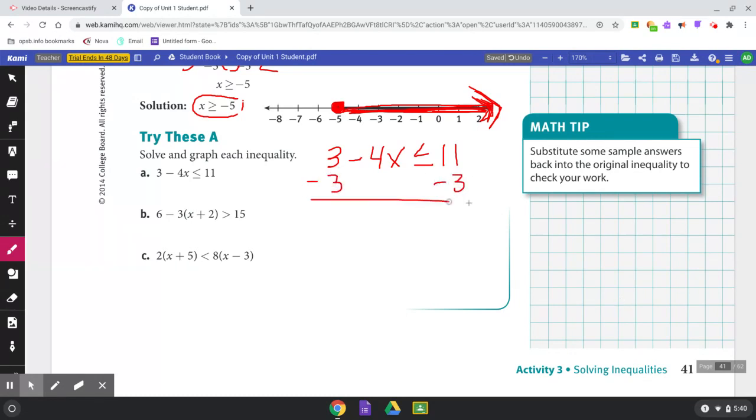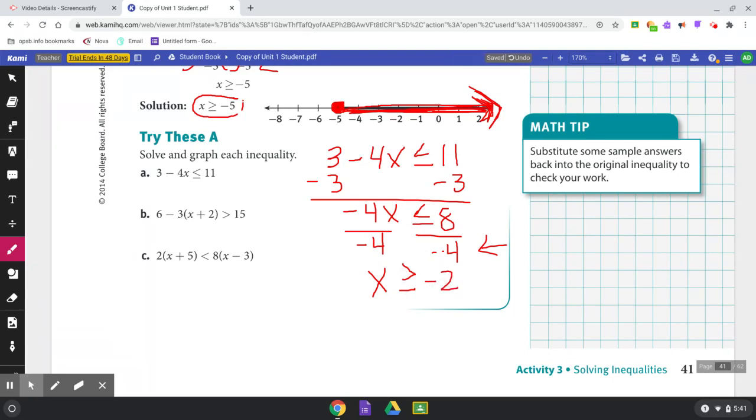When I subtract 3 from both sides, I get -4x is less than or equal to 8. Then I'm going to divide by -4 on both sides because I'm isolating the term. What happens when you divide by a negative number? You flip the inequality symbol. So my answer is going to end up being x is greater than or equal to -2.